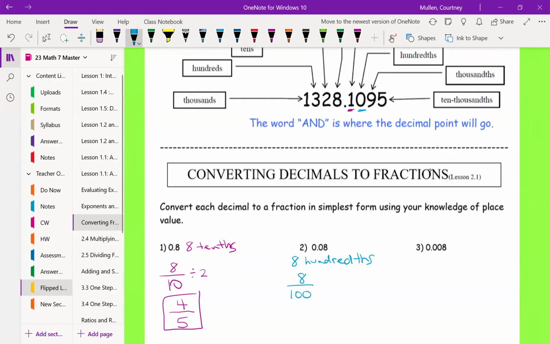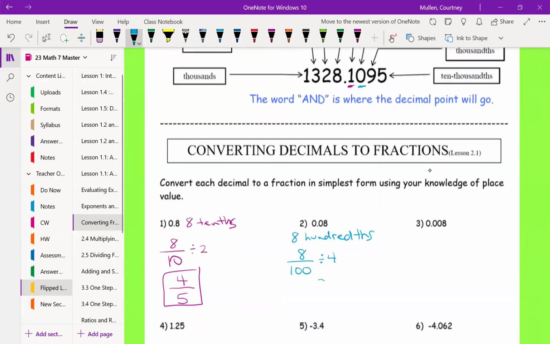What can we simplify by? Yeah, we could by 2. Is there anything bigger that we could simplify by? Maybe 4. 8 divided by 4 is 2. 100 divided by 4 is 25. So we end up with 2/25. You try number 3.